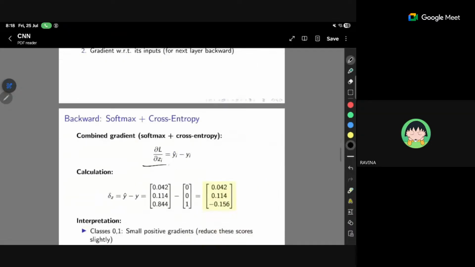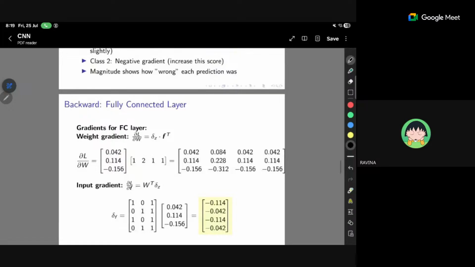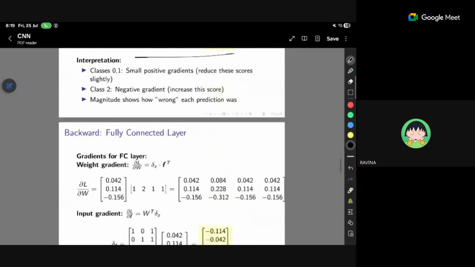We know that the derivative is going to be y hat minus y. We have done that, right? Or you might remember one hot encoded y minus y hat or something like that. So any way you can remember. So this is what we have to do, and then we come to the fully connected layer.